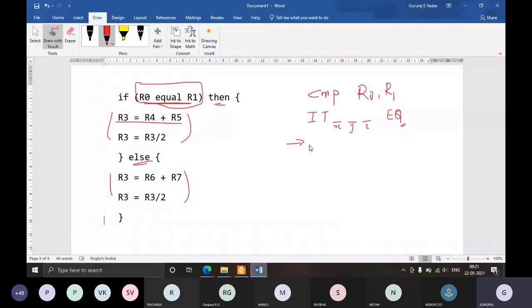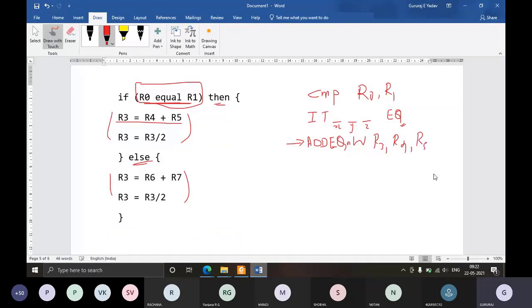So I'll write it as ADD, followed by the condition. What is the condition? Equal to. This ADD should be executed if R0 is equal to R1. So ADDEQ.W. I'll go for the 32-bit version. The destination is R3, followed by the operands R4, R5.